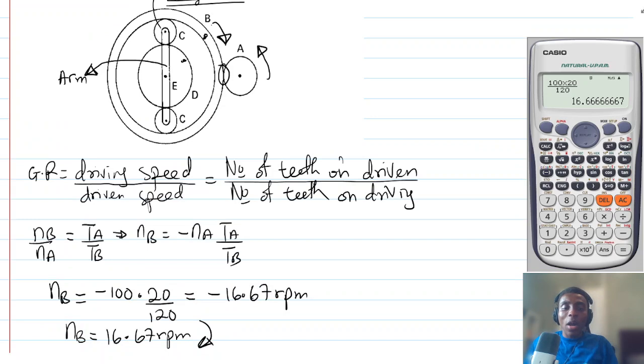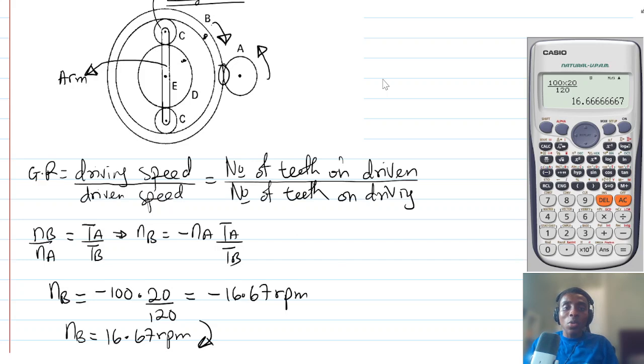actually this is an internal gear. This is like a sun, so E is like the sun, and then the planet moves around the sun. Because of that, it's going to cause this to be negative.